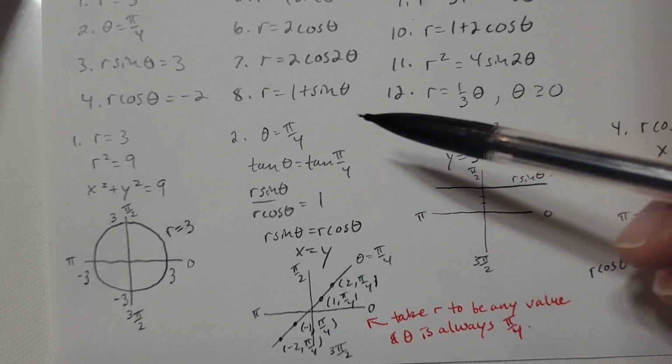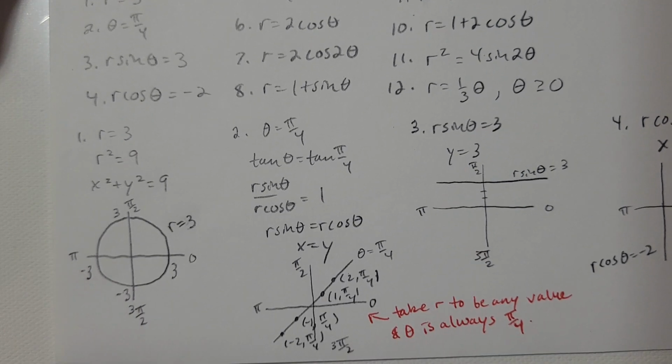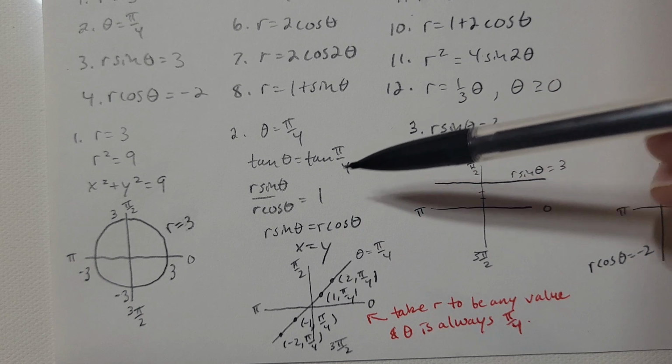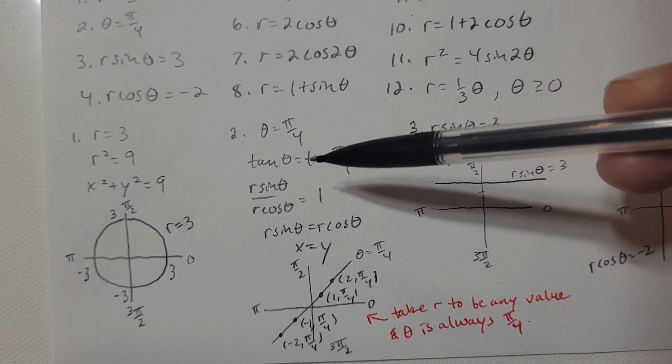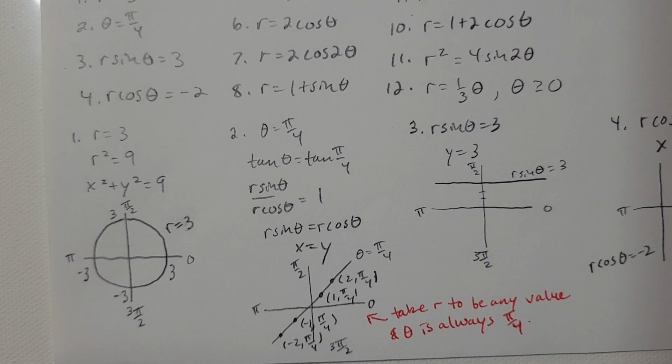In problem 2, we got theta equals pi over 4. So if I take tangent of both sides, tan theta equals tan pi over 4. Tan pi over 4 is 1. And tan theta, that's the same as r sine theta over r cosine theta.